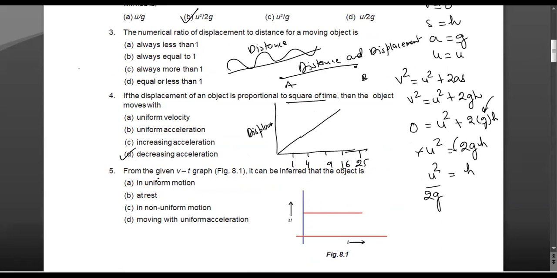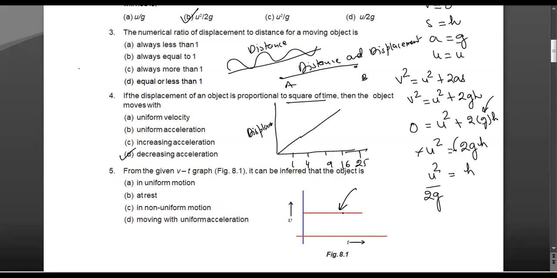Here we see that in the VT graph, it can be inferred that the object is... you can see that it's in uniform motion, at rest, in non-uniform motion, or moving with uniform acceleration. Tell me, this is a simple graph.